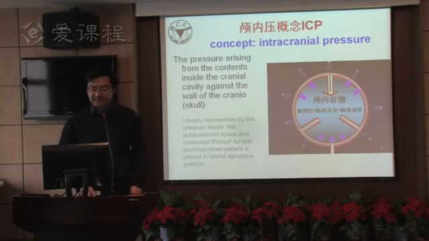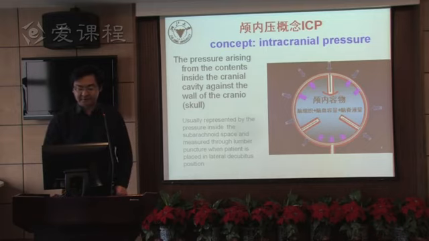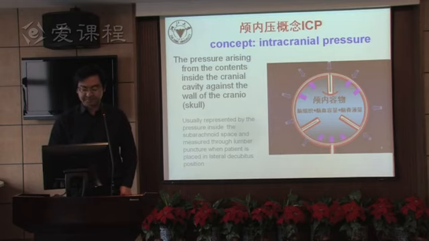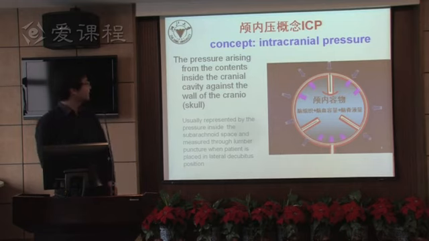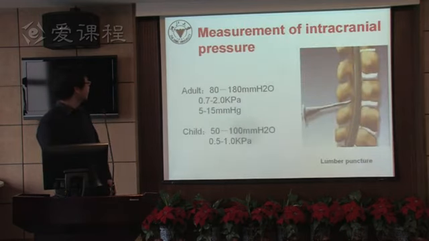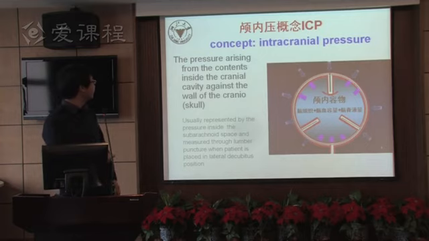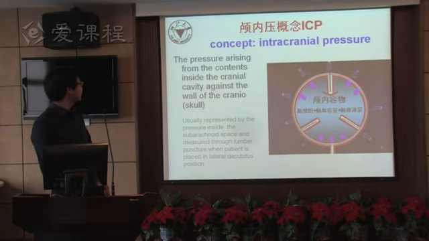Now we study the concept of intracranial pressure, which is different from intracranial hypertension. The pressure arises from the contents inside the cranial cavity against the skull. We call this pressure intracranial pressure.